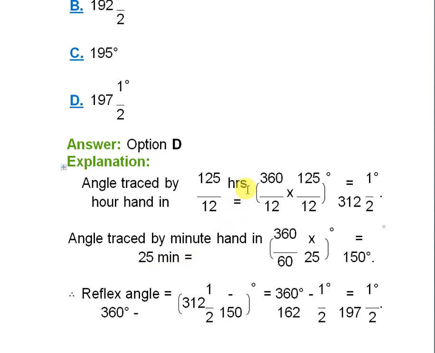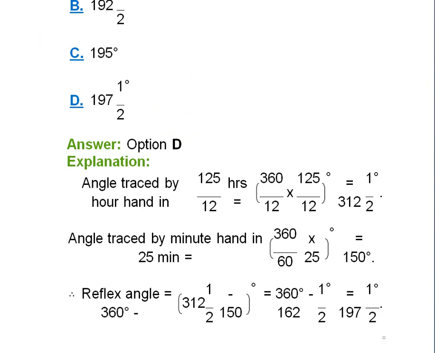So in the case of hours you will always divide by 12, and in the case of minutes you divide by 60, because 1 minute has 60 seconds. You multiply it by 25, so it will be equal to 125 degrees. For calculating the reflex angle, you subtract the two angles from each other, and you'll get 197 whole 1 by 2, which is option D. So the correct answer is option D.